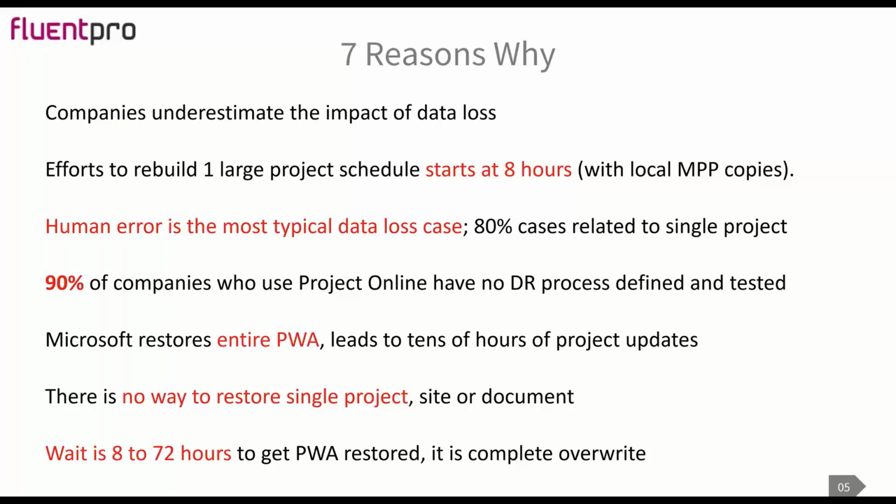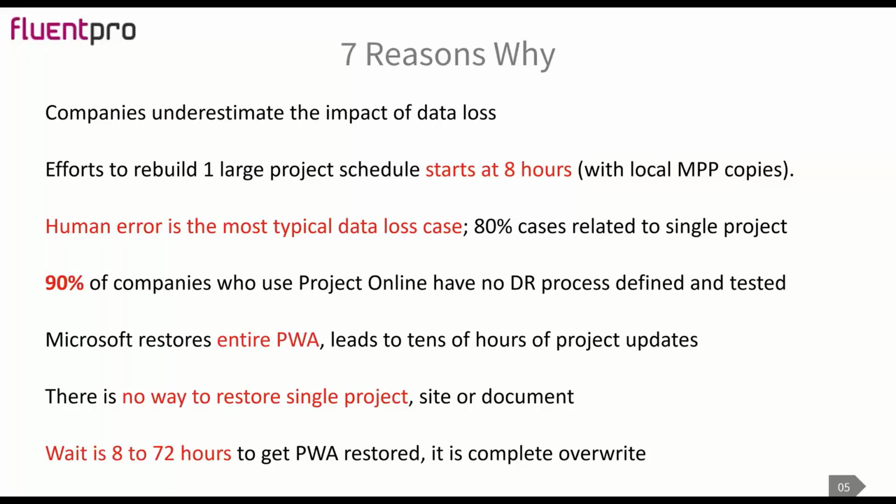They take an old version of the file, like an MPP file, and copy information. Or they delete a project somehow. It's the most common error: someone makes a human error. It's not intentional, but it still leads to data loss.